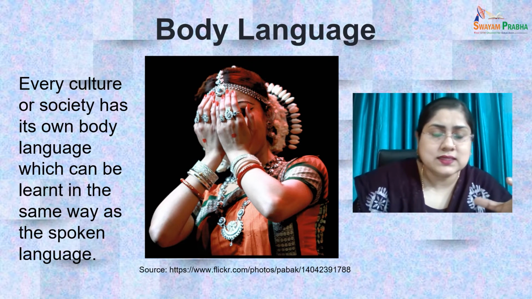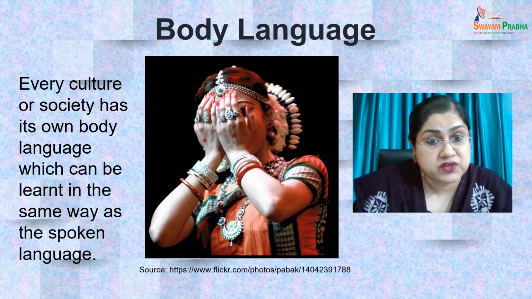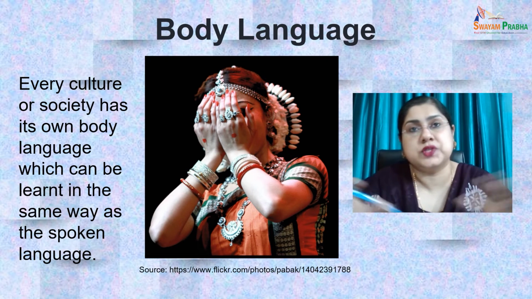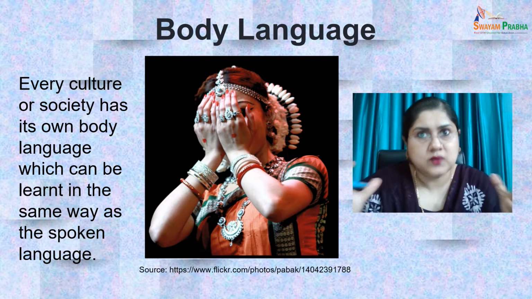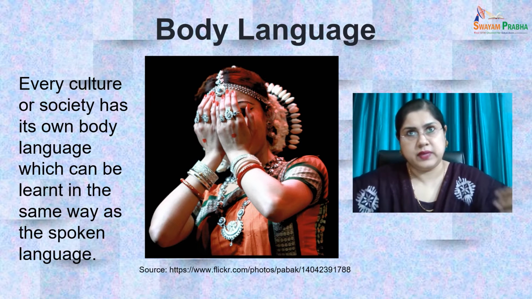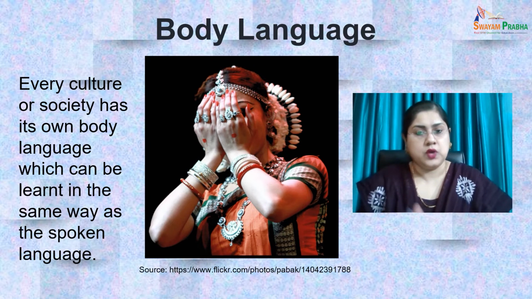And by seeing this particular body language, if you are in the audience, you can make a conclusion. You can actually conclude how good the dance is, and what exactly she is trying to do by the dance moves.